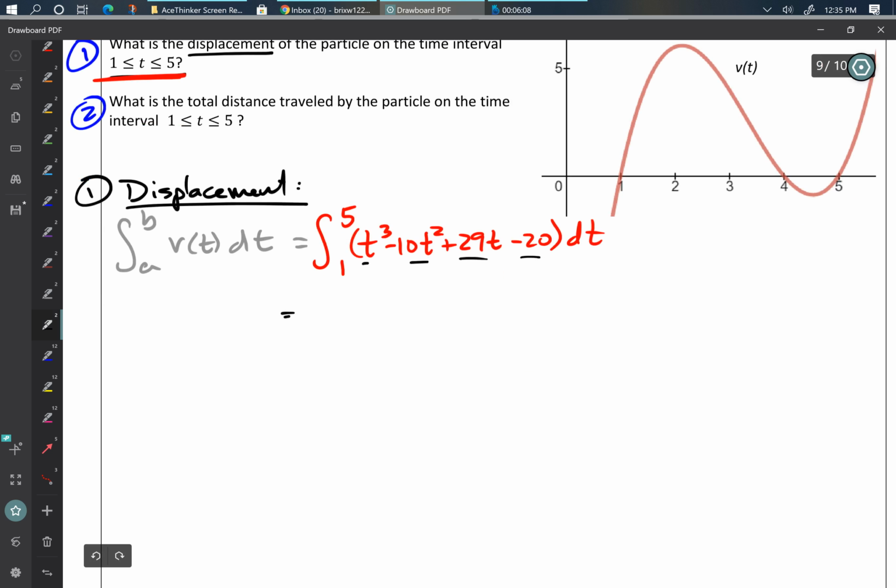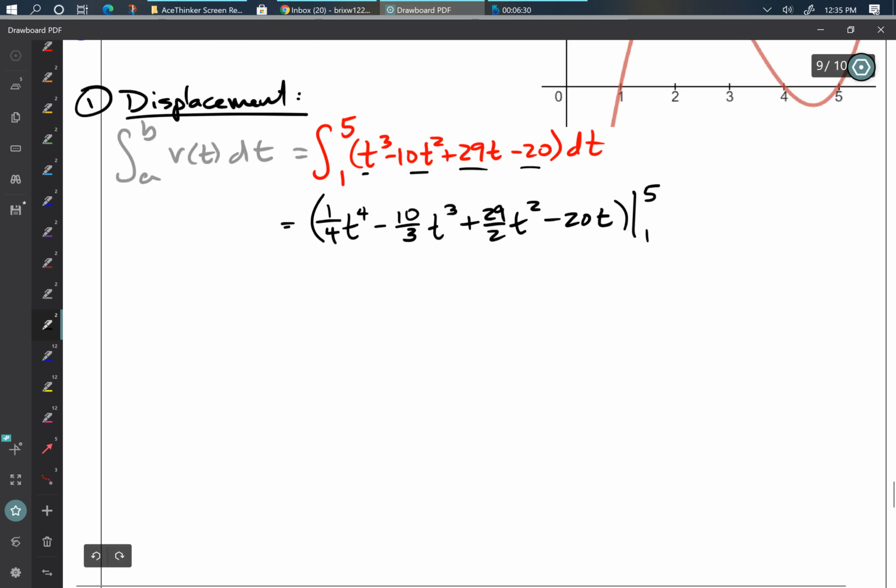The antiderivative of the first term is 1/4 t to the 4th. The antiderivative of the second term is going to be negative 10/3 t cubed. The antiderivative of the third term is going to be 29/2 t squared. The antiderivative of the last term is minus 20t. And then this whole thing has to be evaluated from 1 to 5.